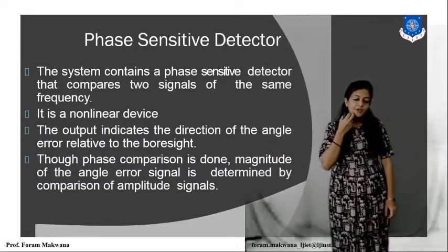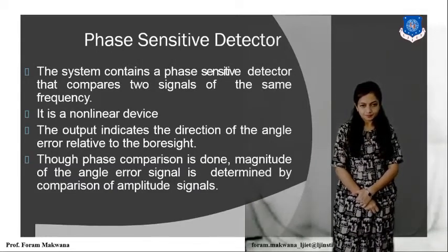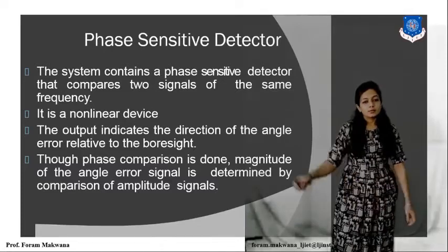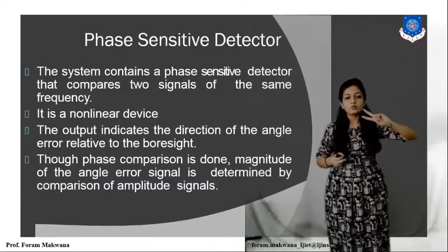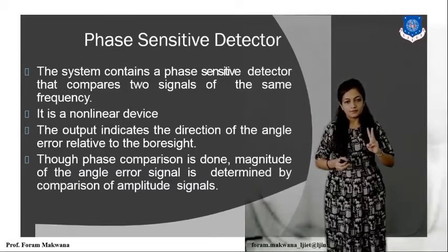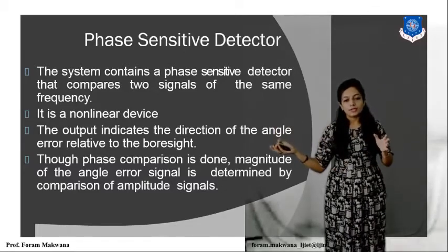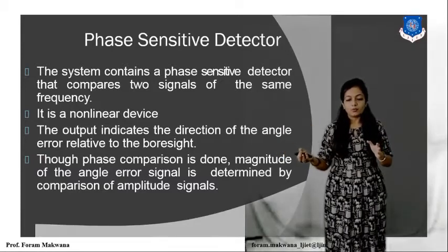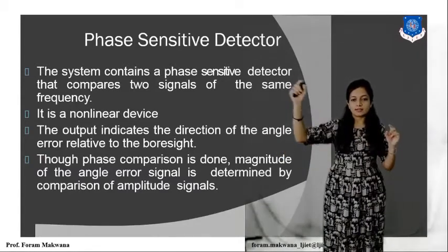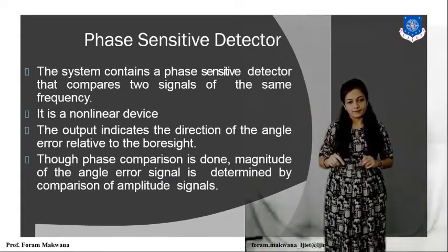Right? Now the phase sensitive detector. This system contains a phase sensitive detector that compares two signals of the same frequency. Right? It is a non-linear device. So its output indicates the direction of the angle relative to the axis perpendicular to the antenna.